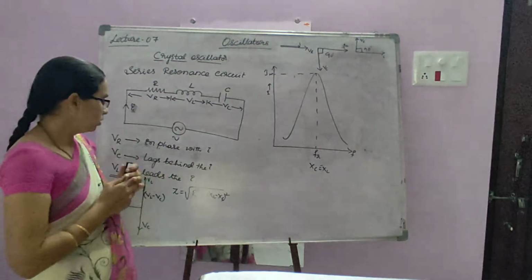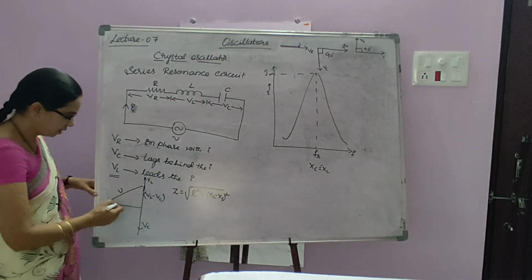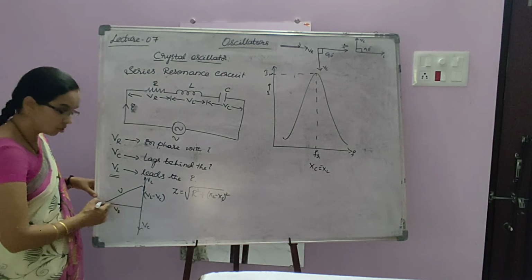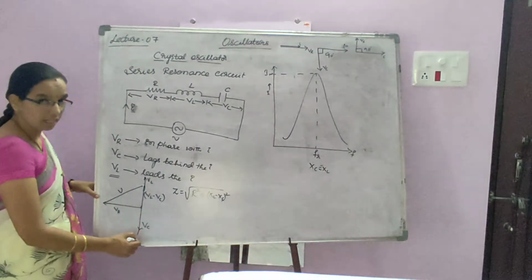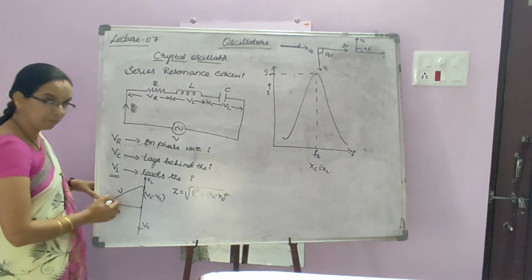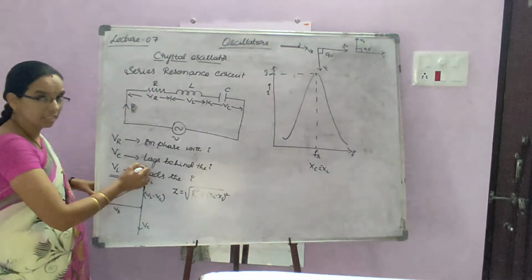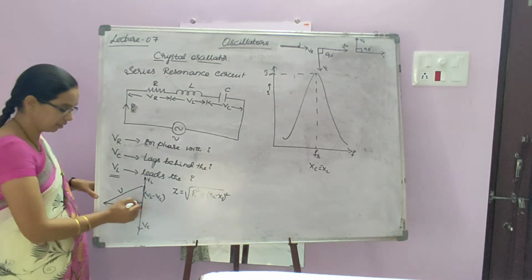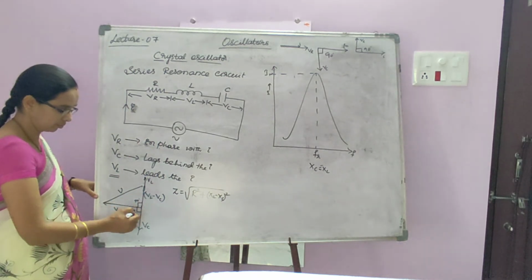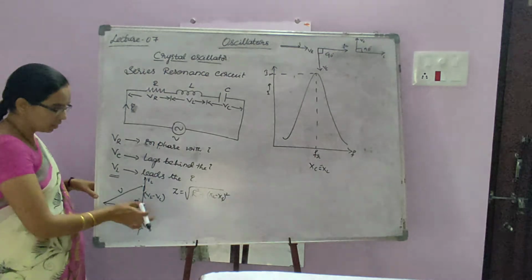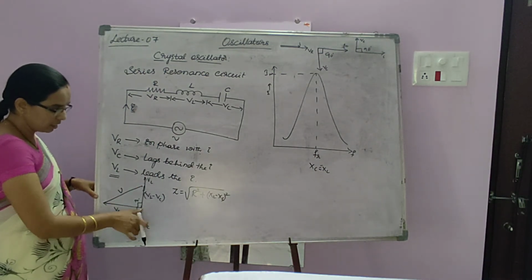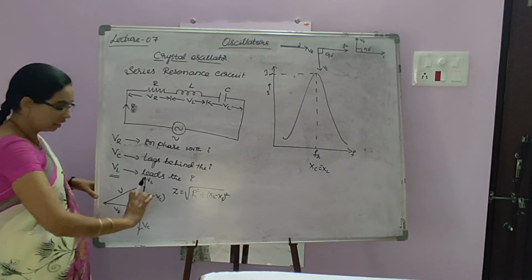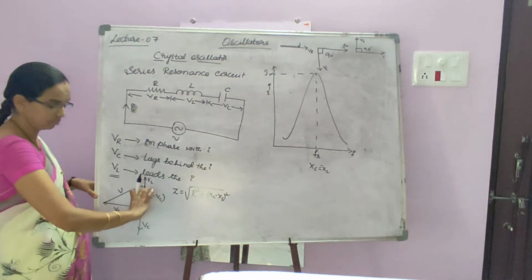So, combining all these diagrams, I can write VR this way, with the current flowing in the same direction, VC lagging behind the current by 90 degrees and VL leading the current by 90 degrees. If VC is this magnitude, then this will be VL minus VC.